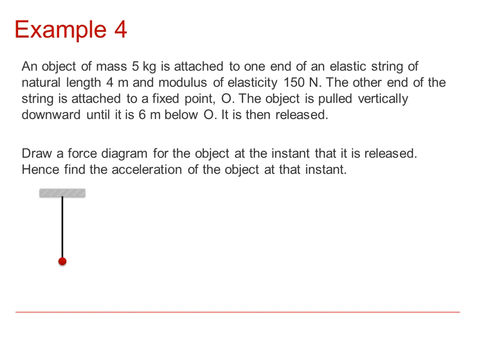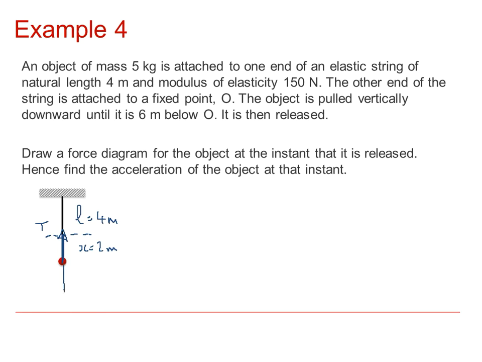In the final example, we've got a mass of 5 kilograms attached to one end of a string of length 4 meters. We're then going to pull it down to 6 meters below its point of suspension. So we've got an extension in the string x equal to 2 meters with a natural length of 4 meters, and that produces a force upwards T given by Hooke's law.